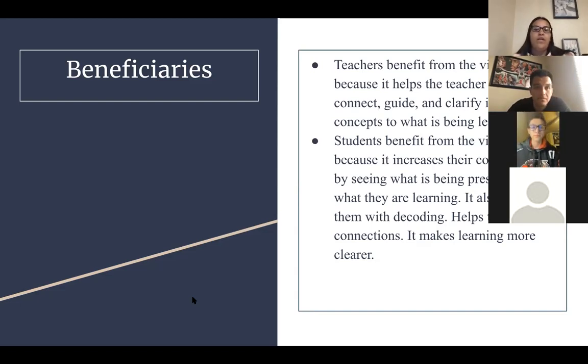It's a great way to increase their comprehension because they're visually seeing what is being presented along with what they're learning. It also helps with decoding and helps them make connections between what they're hearing and then visually seeing. And again, it makes learning more clear. So it definitely helps both the teachers and the students.